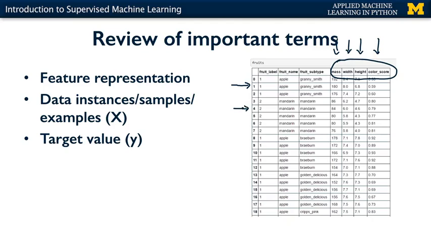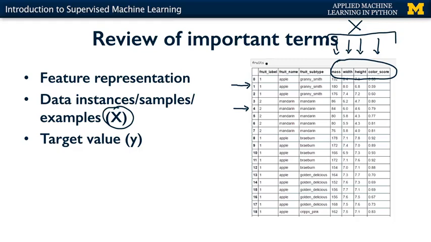When we work with these instances in Python, the convention we'll be using is that we'll put all the variables that represent the features in this variable capital X here. So capital X refers to all the feature columns that will be going in as the inputs for the predictor.